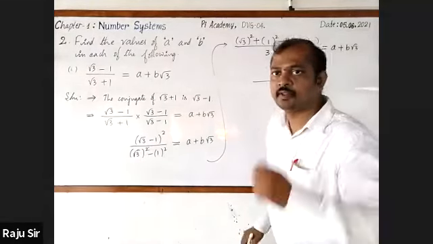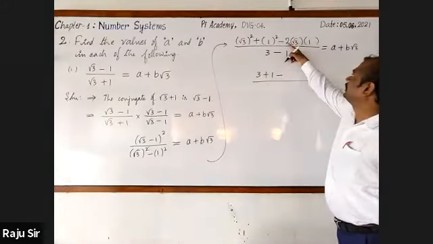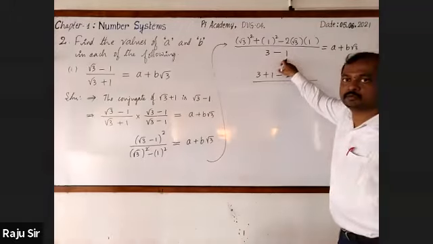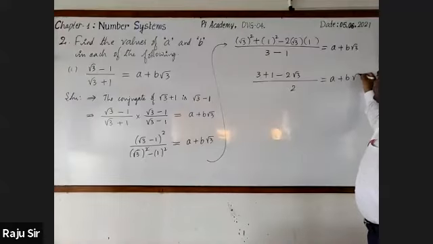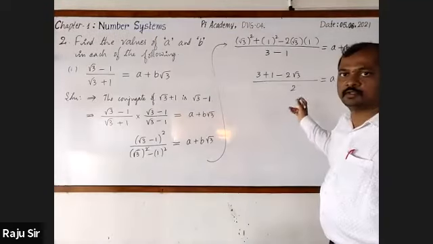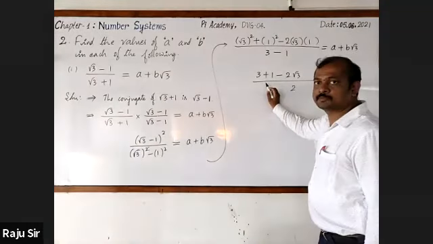Lavanya, what is (root 3) whole square? 3, sir. 1 whole square? 1. Multiply this: 2 into root 3, 2 into root 3. Very good. Next, denominator: 2, sir. Very good. This is equal to a plus b into root 3. Right? Now, observe.